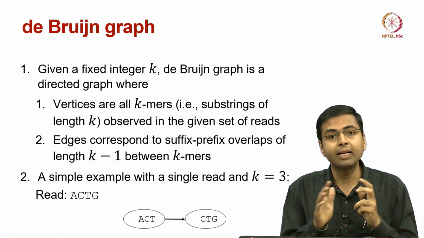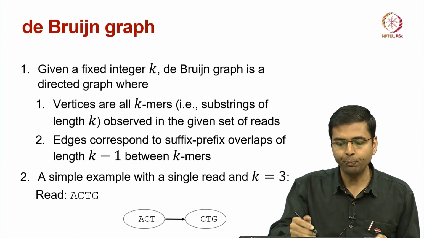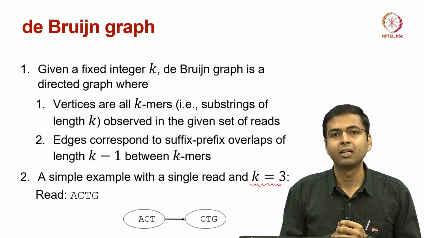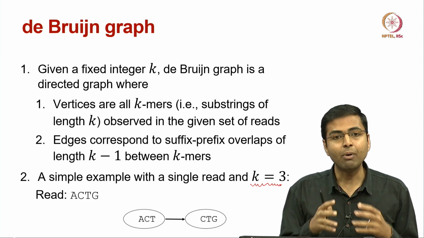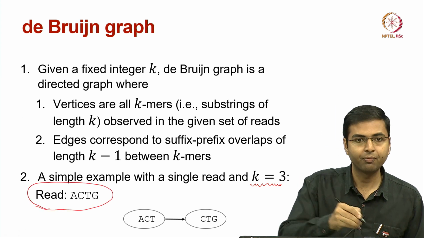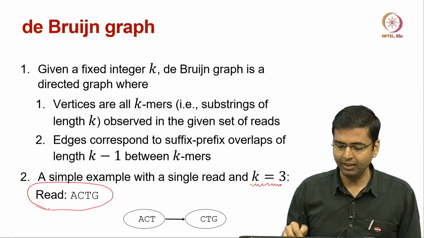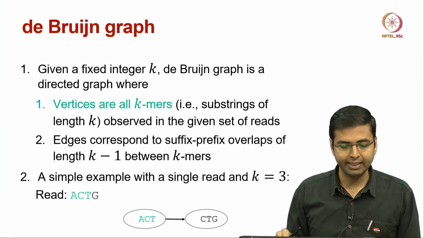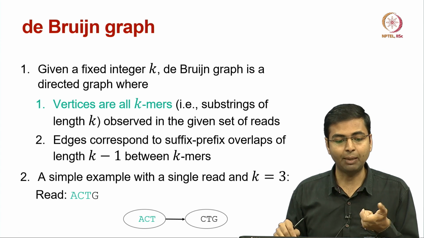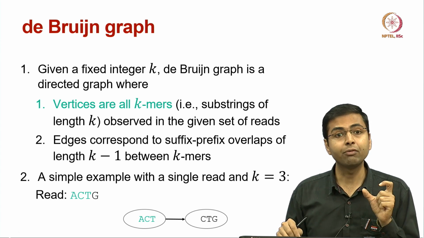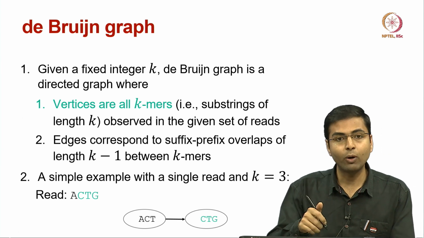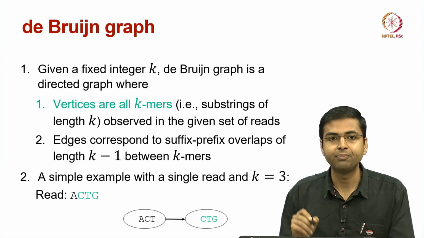So let us look at a simple example. Let us say you have only a single read as input, and your parameter k is equal to 3. Then given the above definition, for this read your vertices will be ACT, because vertices are all k-mers, that is substrings of length k, and if k equals 3, then your first vertex will be ACT and your second vertex will be CTG.